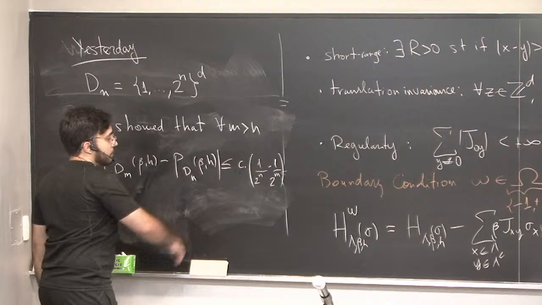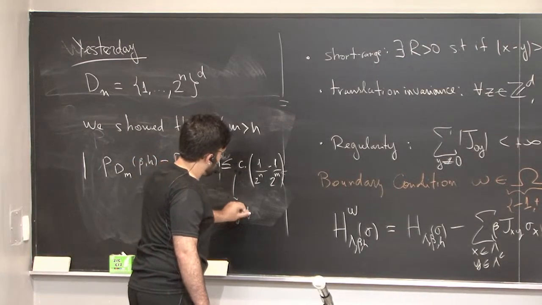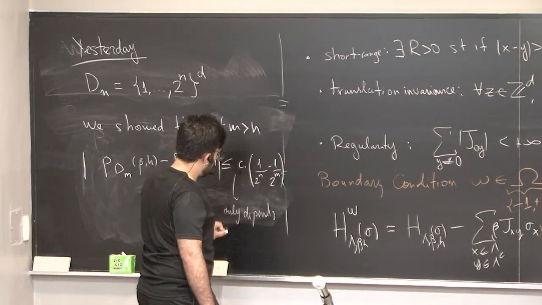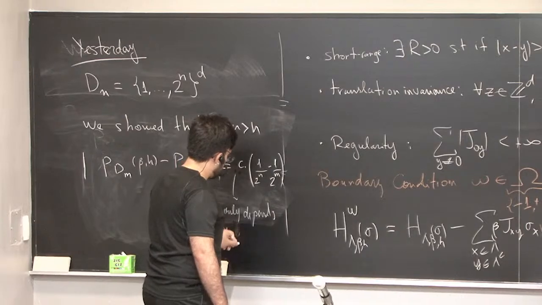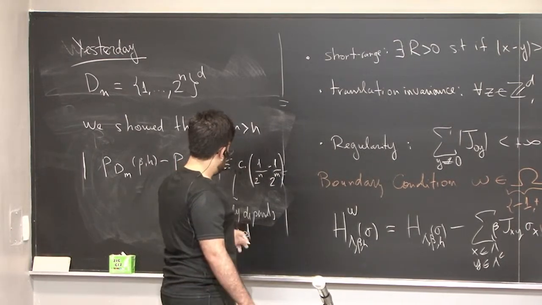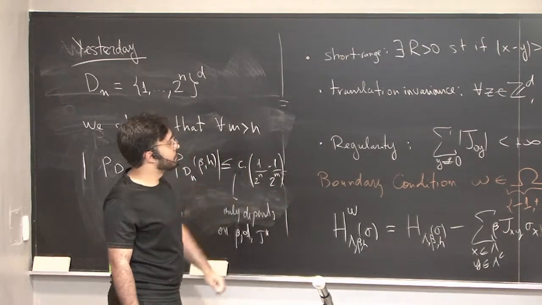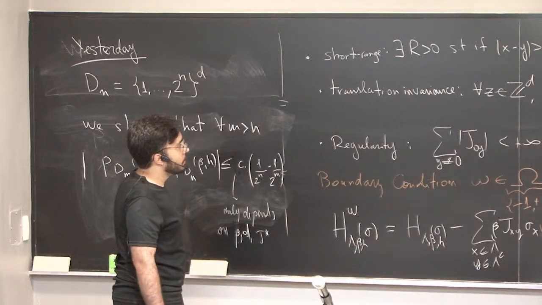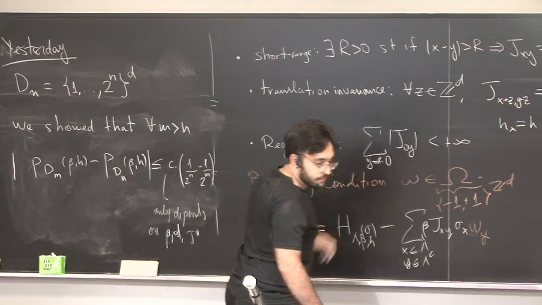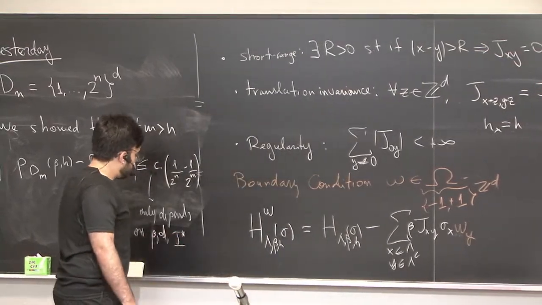And this constant only depends on beta, the dimension, and also something that we call J star, that is the supremum of this sum, or this sum.